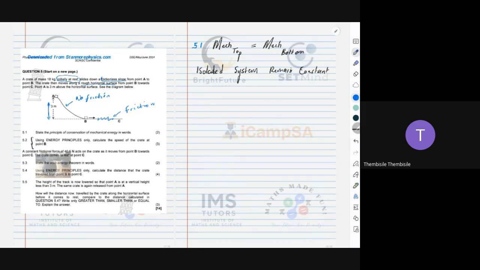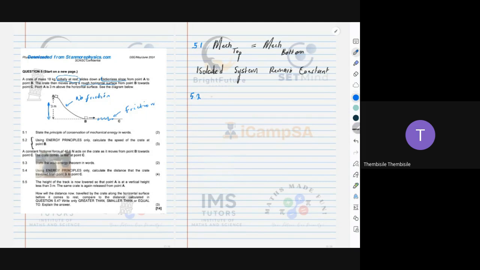Let's do this. 5.2. So we can use the formula that I just defined right now, because it forms part of the energy principles. So mechanical energy, what is mechanical energy?